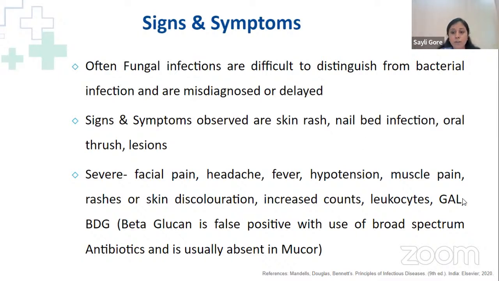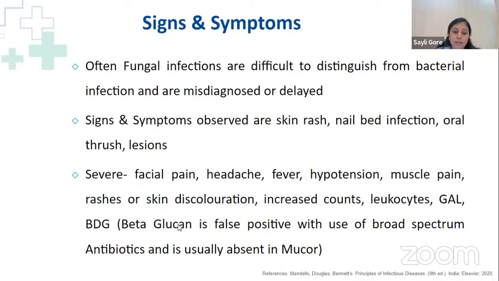Then there are also increased leukocyte counts, and one distinct sign is a positive galactomannan, that is GM, or BDG, that is beta glucan. These two come positive when a fungal infection is present.